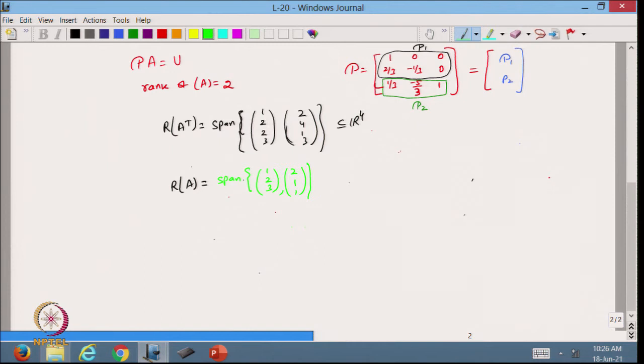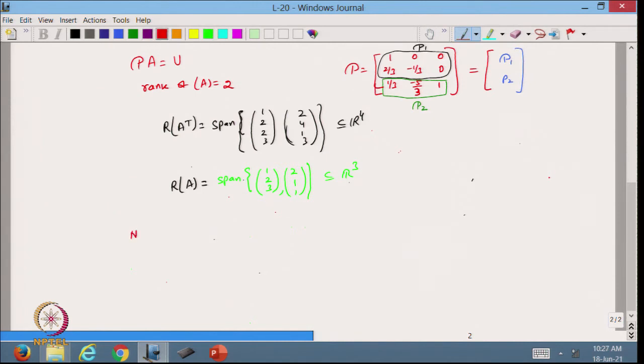That is equal to the rank of the matrix, and definitely this belongs to R3. So now we are able to find the range space of A and range space of A transpose. Now, we want to find out the other subspaces.